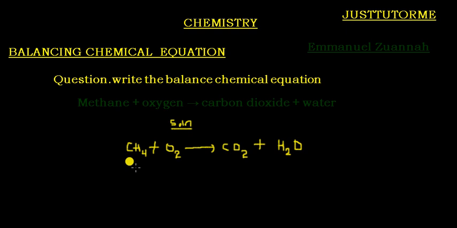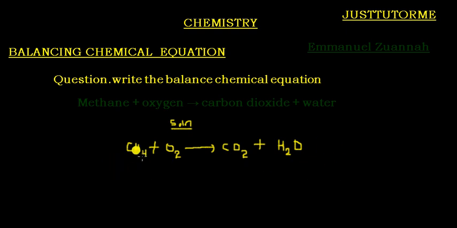So we now get the equation, and whenever you are asked to balance a chemical equation, you first take note and observe the reactant and the product. The left hand side is always the reactant and the right hand side is always the product.